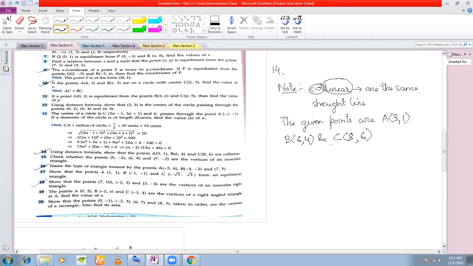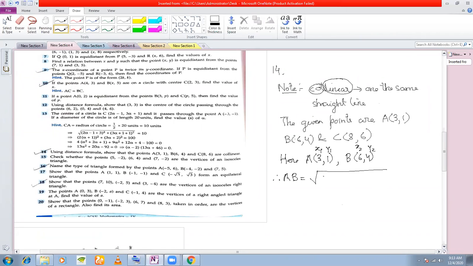So first, in such a problem, what you need to do is first find out the distance AB. When you are finding out distance AB, just write down the coordinates first so that it is easier for you. So here A is 3, 1 and B is 6, 4. So therefore, what is AB? Take this as x1, y1, x2, y2.